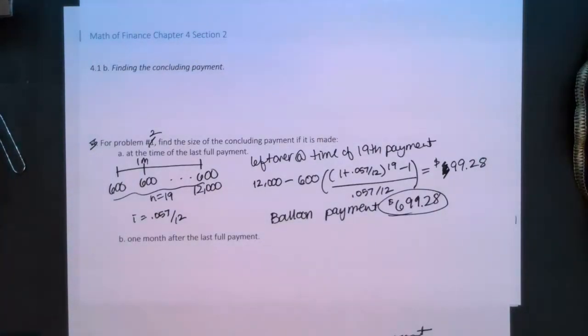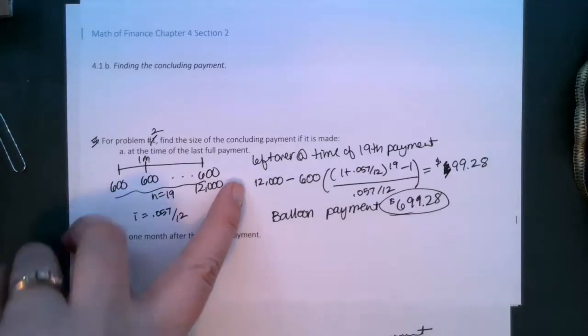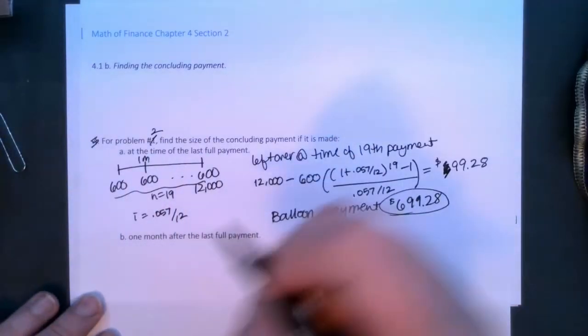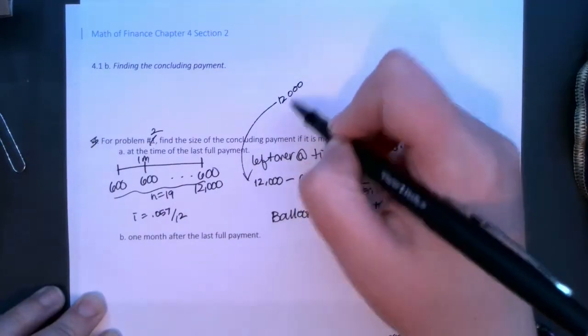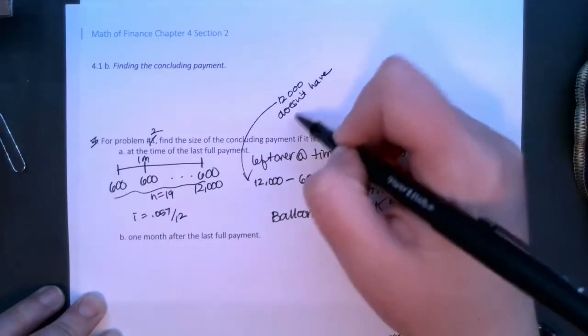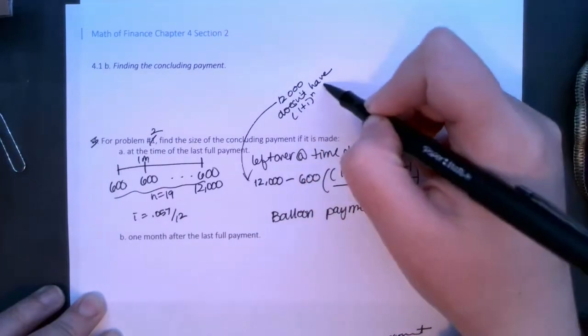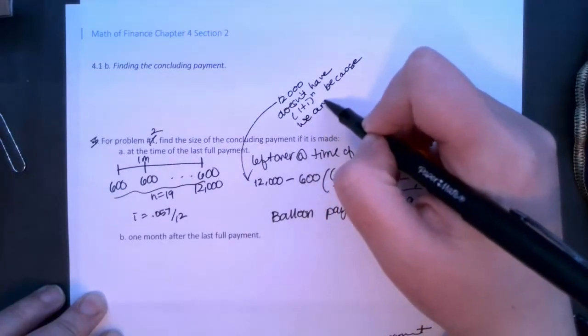So now if we go 1 month later, it's going to change what happens. But again, this $12,000 doesn't have that 1 plus I stuff. So I'm just going to make a note up here. It doesn't have the 1 plus I to the n because we are accumulating it.